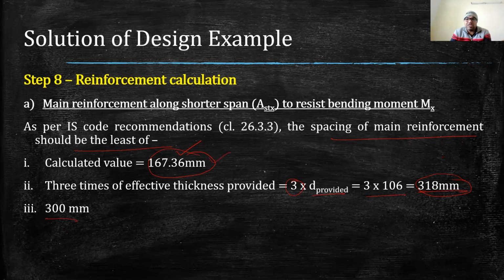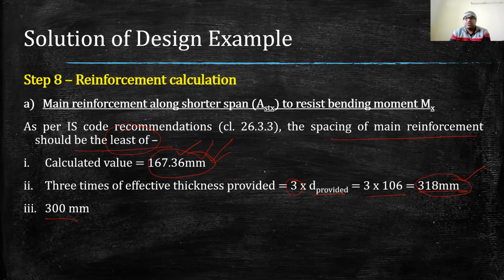So we have now 3 values of the spacing. Which one we should adopt? We will adopt only the least one. So the least value is 167.34. Now in the field, when we draw the drawing, generally we don't write the exact value of spacing. Generally we round off this spacing to the lower side. Why are we rounding off this value to the lower side?